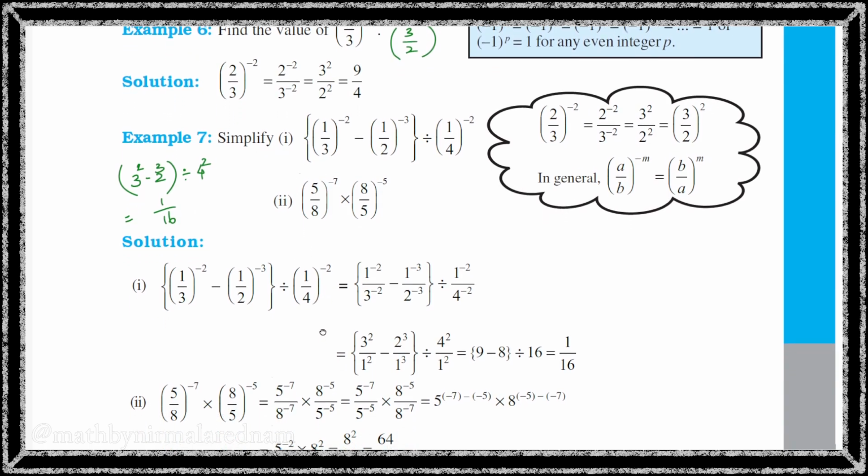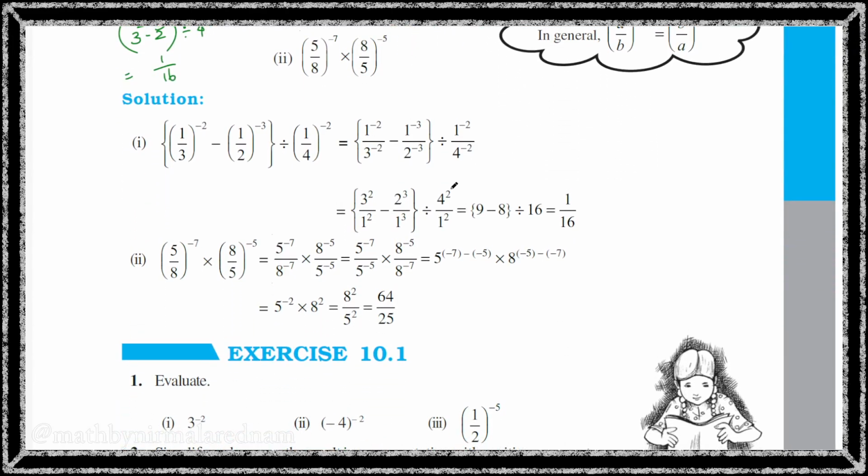Next, second bit, I have 5 by 8 and 8 by 5, and the exponents are different over here. But you can see that I have a common base. If I open the brackets, I can club the bases separately. So I'm going to write 5 power minus 7 by 5 power minus 5, which I'll be using the second law of exponent, right?